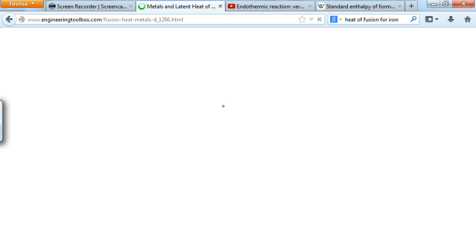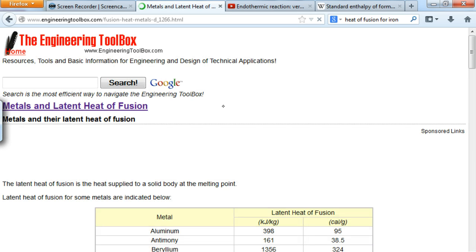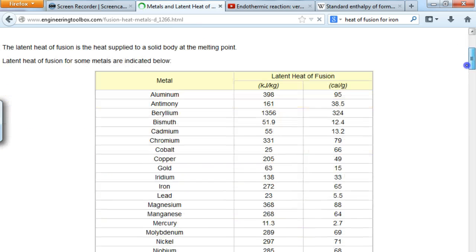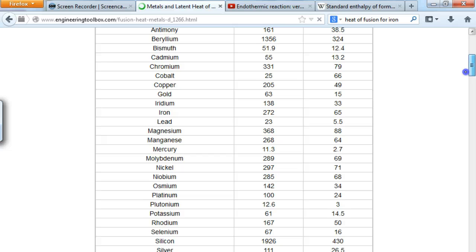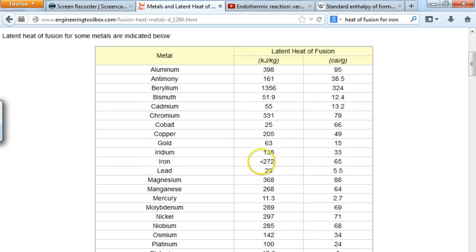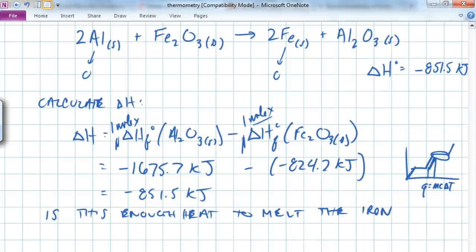Yeah, sometimes it's called the latent heat of fusion. And let's see, kilojoules per kilogram. Okay, so they don't give it in per mole here. For iron, that is 272 kilojoules per kilogram. That's what's required to melt the iron.